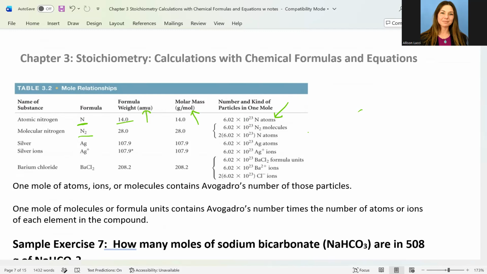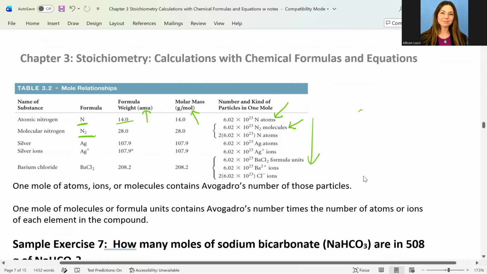We were talking about N2 here, diatomic or molecular nitrogen. So then our unit over here would change to N2 molecules. And you can see many other examples in this table here and how the units will change based on what we're looking at, but they all are referenced as a mole.